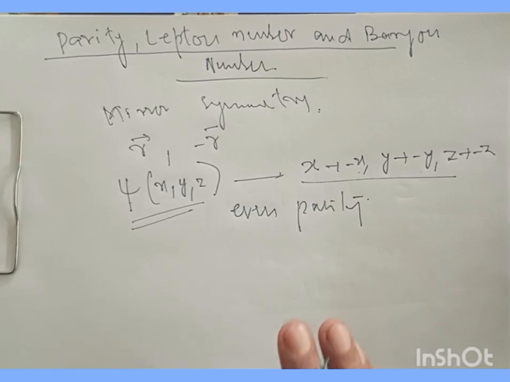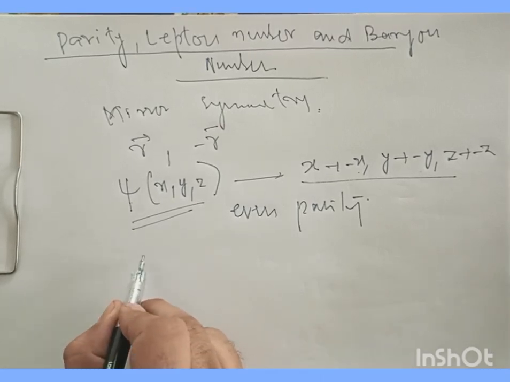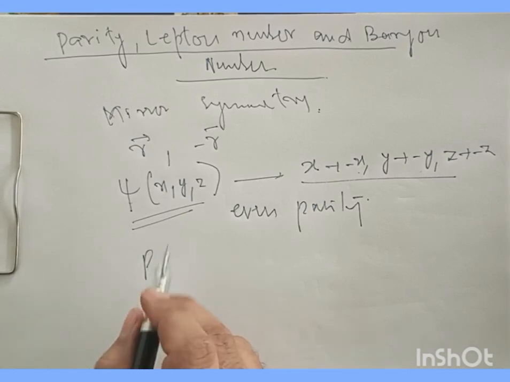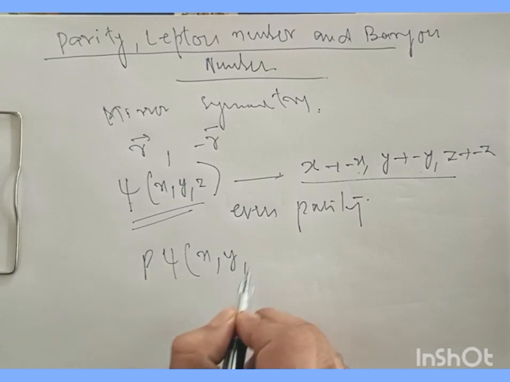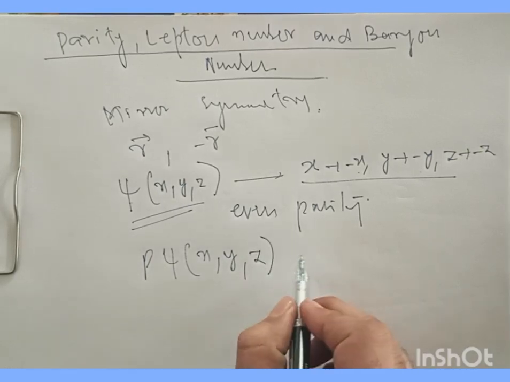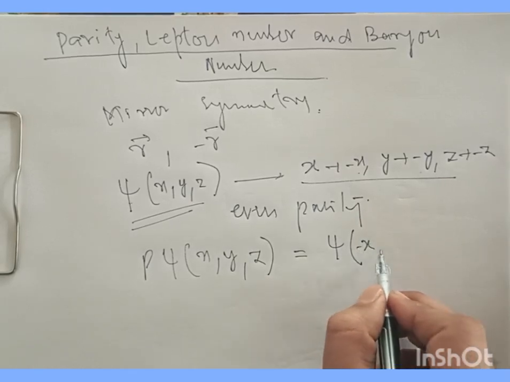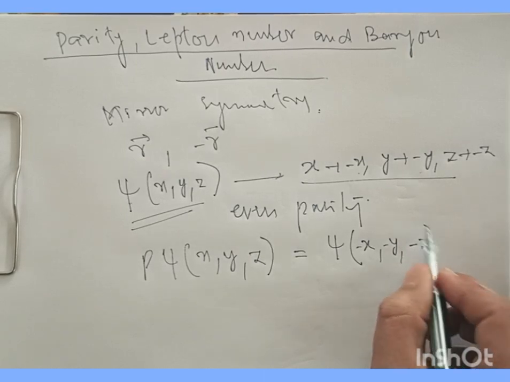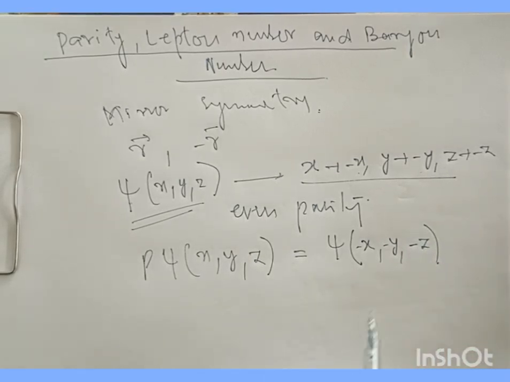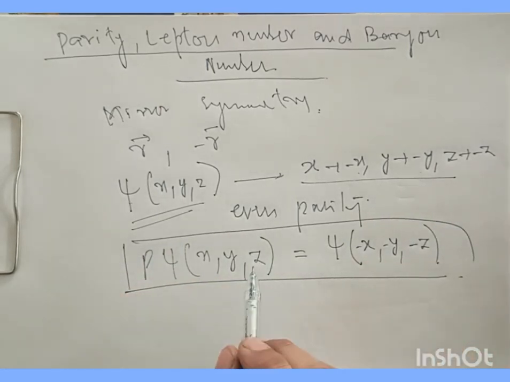So how would I like to demonstrate it? Parity P of psi of x, y, and z, if I get psi by replacing x by minus x, y by minus y, and z by minus z, here I have even parity. I have positive parity.